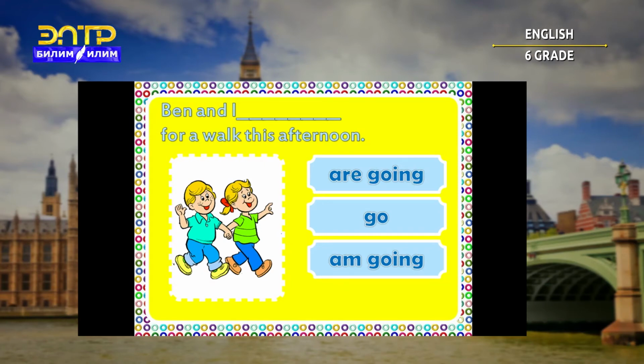The subject of the sentence is Ben and I. So the subject pronoun is we. With we use are going. So the correct sentence is: Ben and I are going for a walk this afternoon.